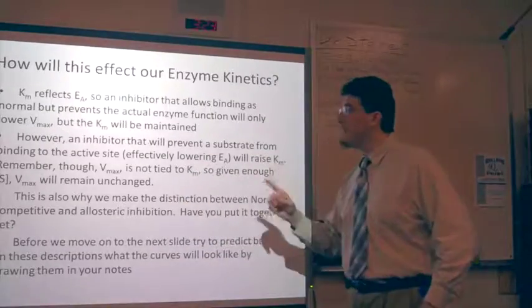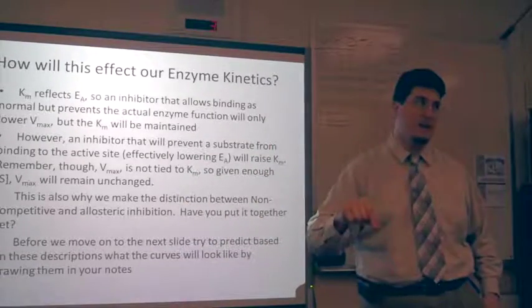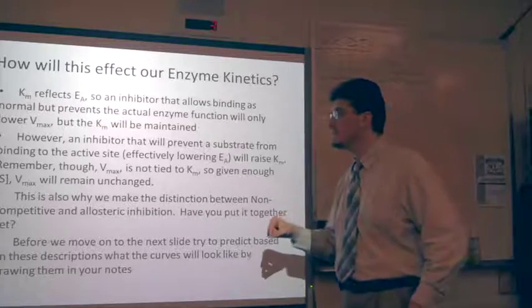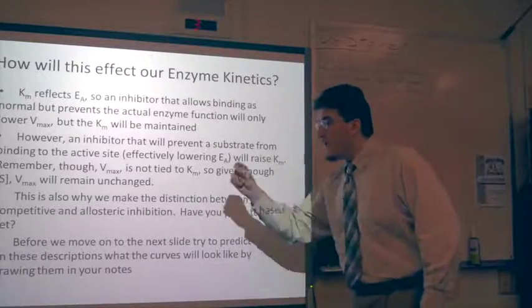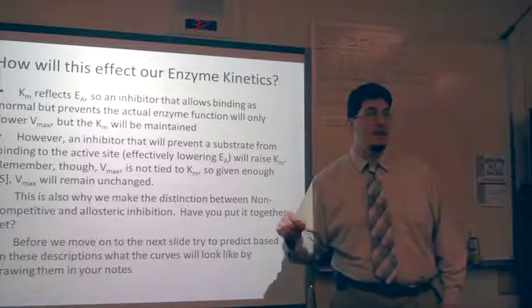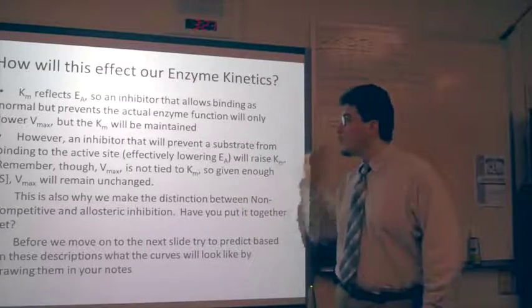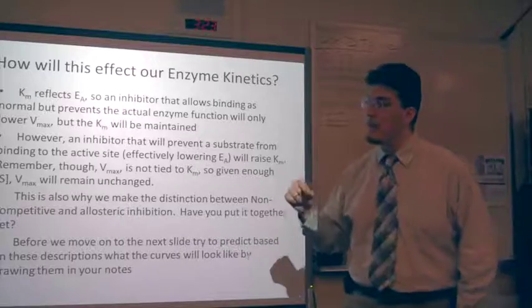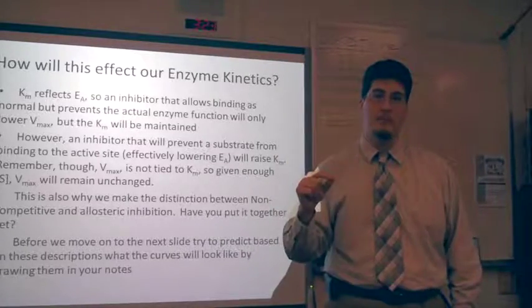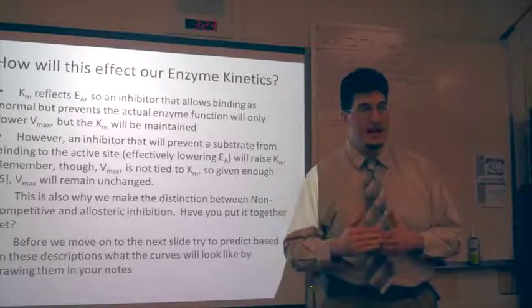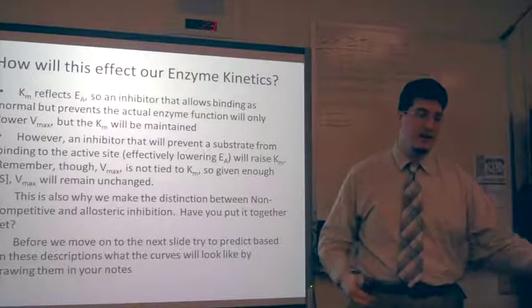An inhibitor that prevents a substrate from binding to the active site, effectively lowering enzyme affinity, will raise Km, because remember, the Michaelis-Menten constant, Km, is inversely related to enzyme affinity.